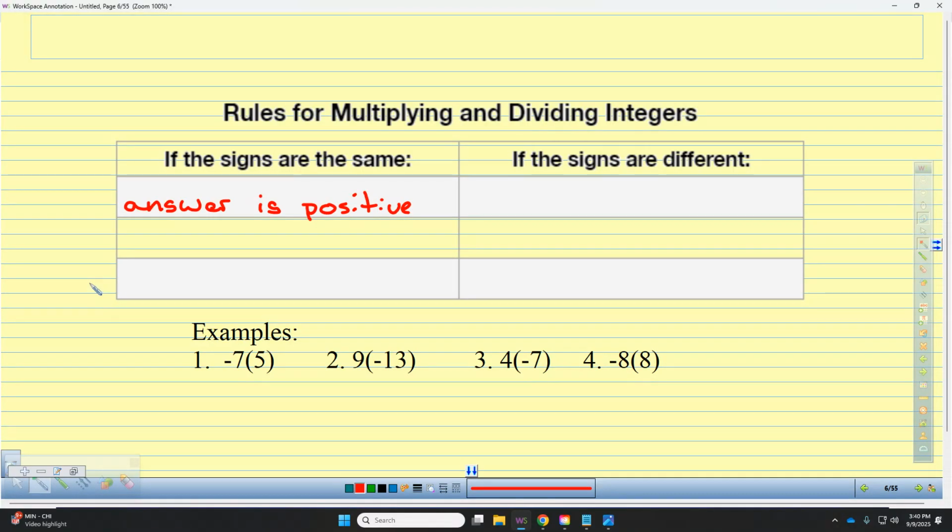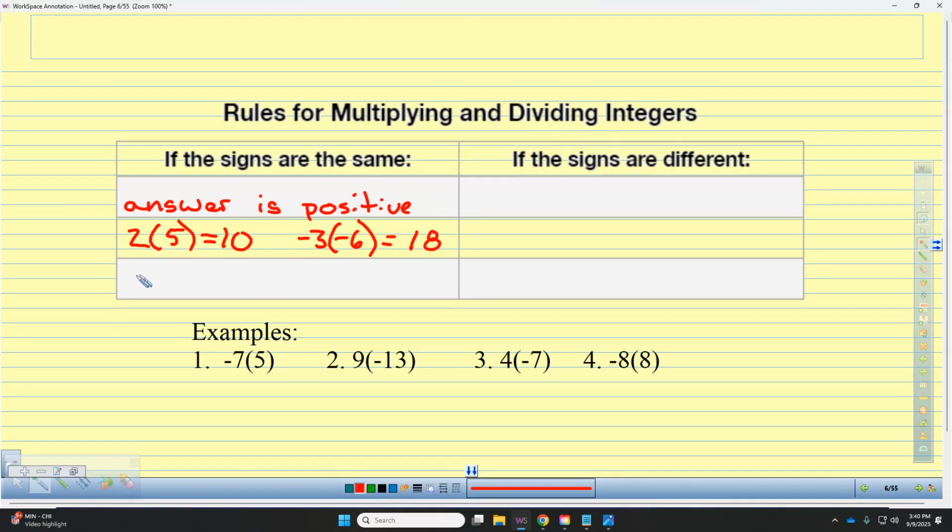So examples of that could be 2 times 5 is equal to 10, or negative 3 times a negative 6 is a positive 18. So if the signs are the same, answer is positive.